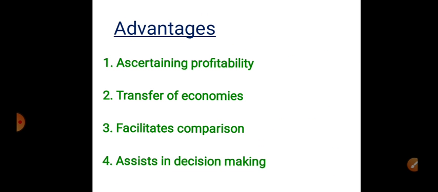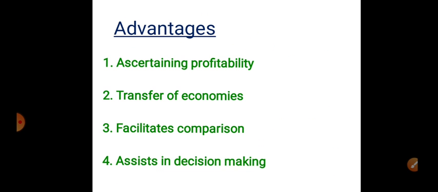Inter-process profits do not permit the economies effected in an earlier process to be transferred to the next process, because output is transferred to the next process at an inflated price and not at the cost price.